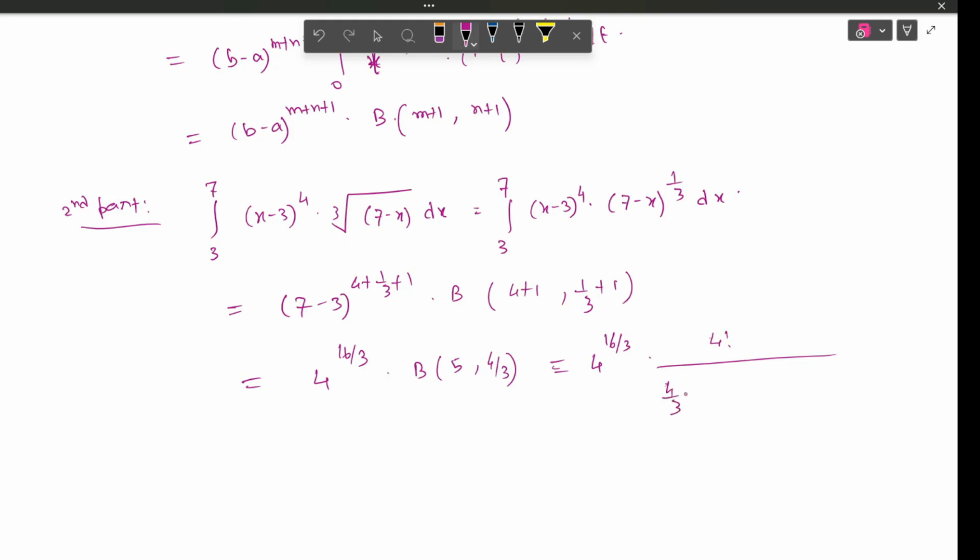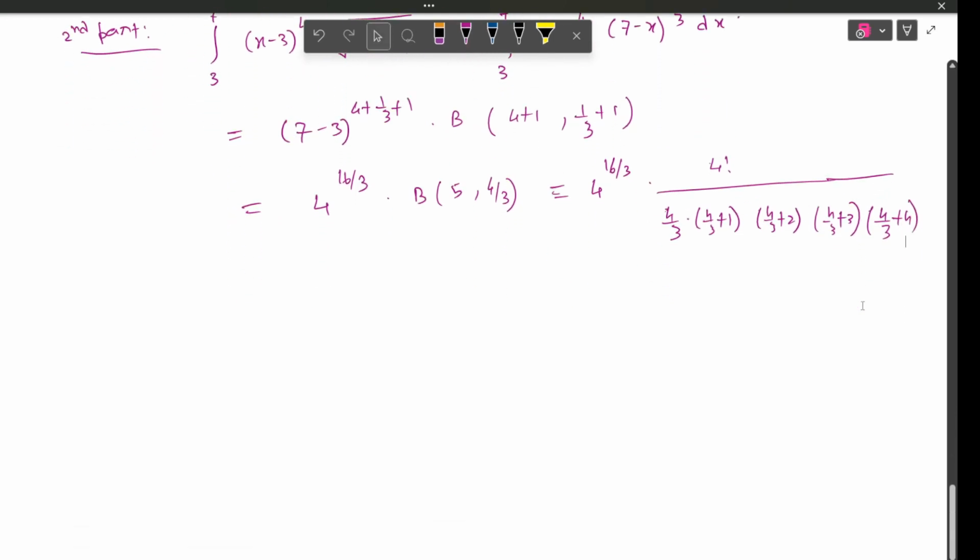So n is 4 by 3 into 4 by 3 plus 1 into 4 by 3 plus 2 into 4 by 3 plus 3, and see we have to go up to m minus 1, that is 4. So 5 minus 1, 4. So the next term is 4 by 3 plus 4. So this is your answer. Now you can calculate the values, but I think this is not required.